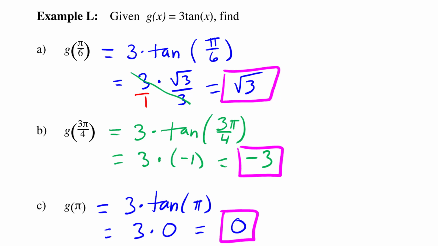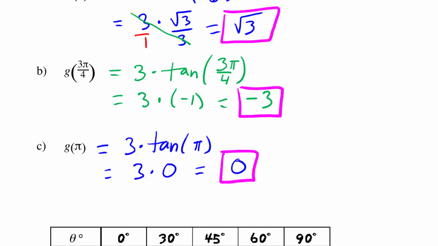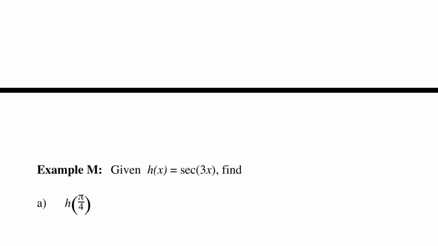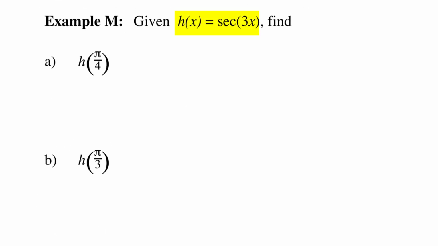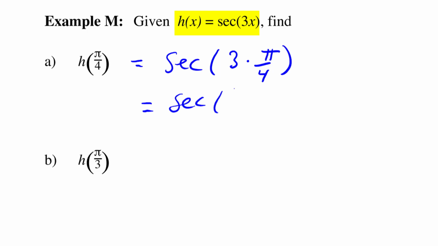Let's look at another set of examples. This time our function is h of x equals secant of 3x. And we're first of all going to find h of pi over 4. Well, that means secant of 3 times the x value, pi over 4, which becomes secant of 3 pi over 4.